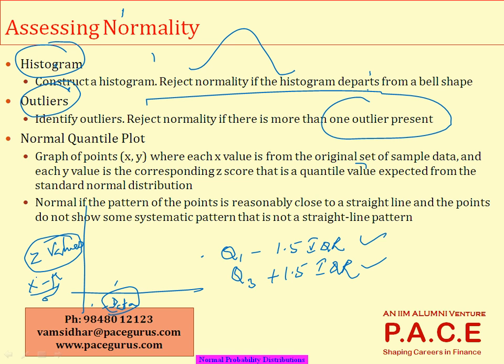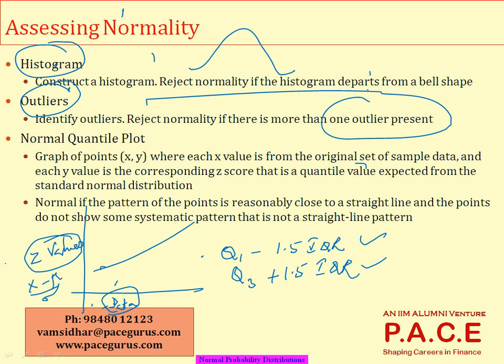Take their z values. And if you see that the graph between these two is almost a straight line pattern like this, probably slightly more than this or slightly less than this, but a straight line pattern to a large extent, and no other shape or sequential pattern is coming out in the graph, then we can very well say that it is normal.